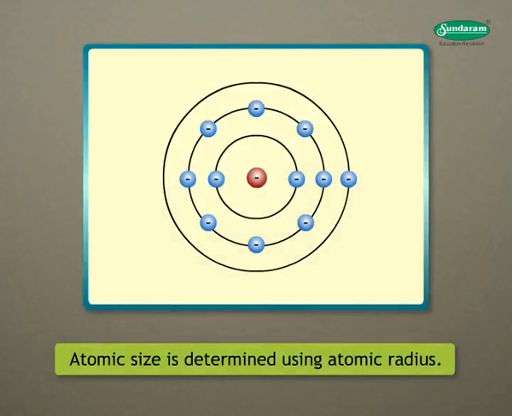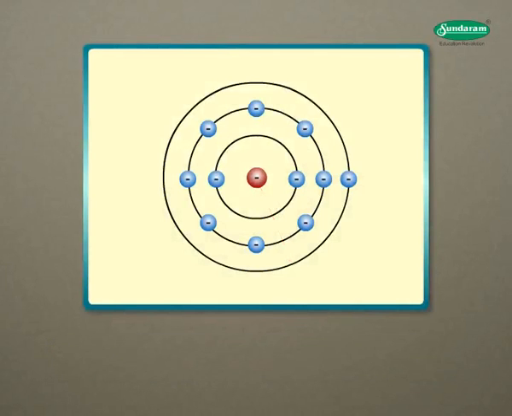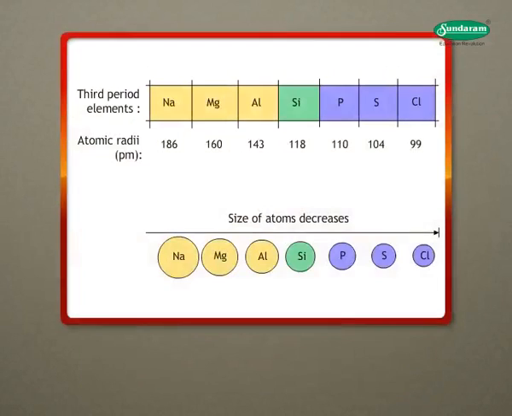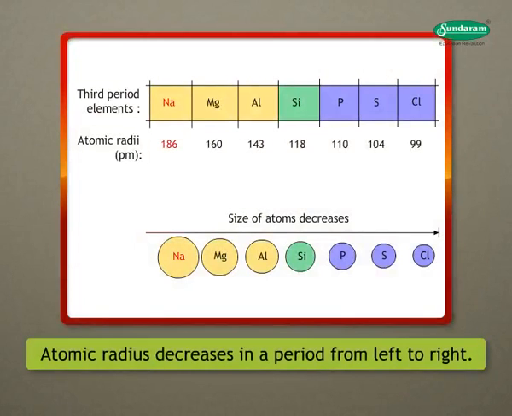Atomic size. Atomic size is determined using atomic radius. For an isolated atom, atomic radius is the distance between the center of atom and the outermost shell. In a period, atomic radius generally decreases from left to right.